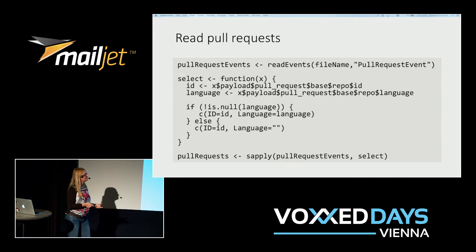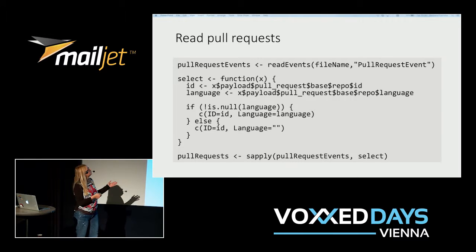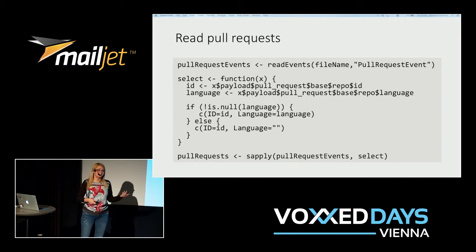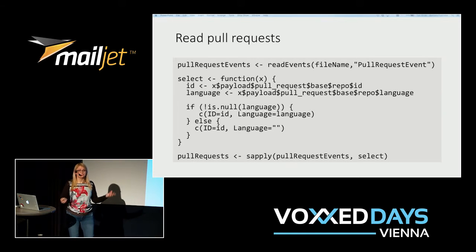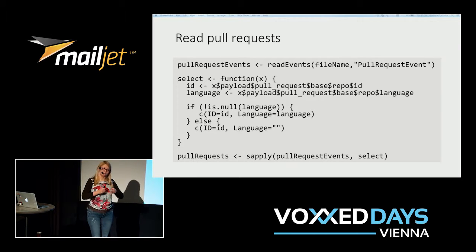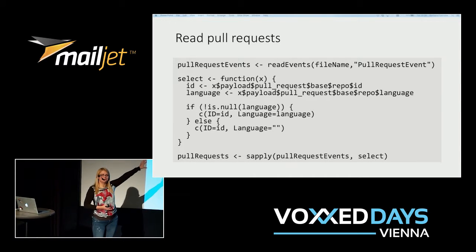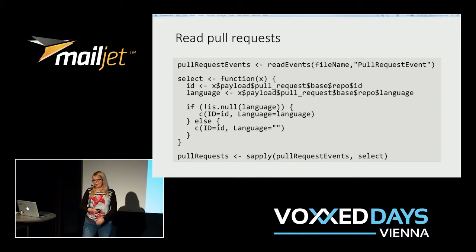If I don't put a normal vector value there, sapply will create a list from this function. If I check for nulls and put a real character value, it will create a vector. Seriously, that's R. You do stuff you don't understand, but it's there, and you don't have to think about this until you need to think about this for 3 hours.